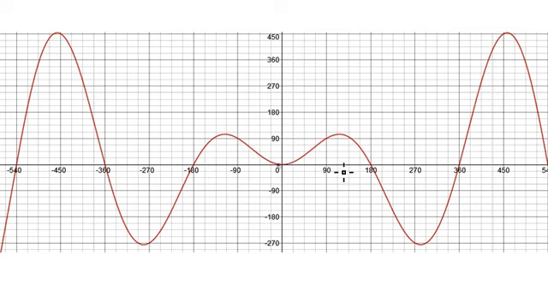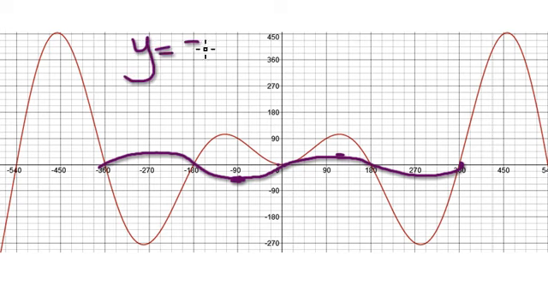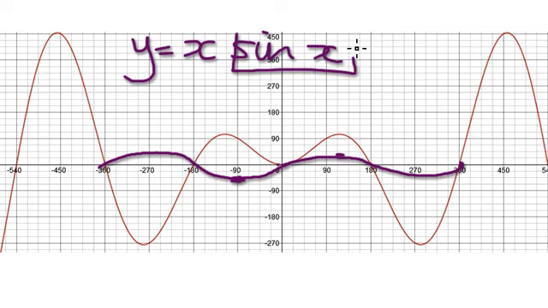This is one period, and going back down in this direction, it will look something like this. This is another period here, 360. But I'm exaggerating the height. We are trying to look at y equals x sine of x, so really, it's this block multiplying with this block here.